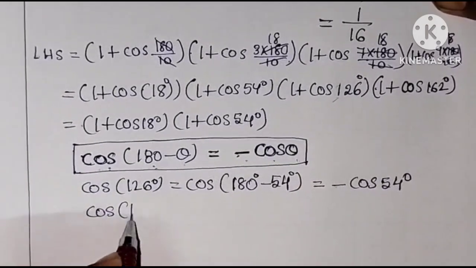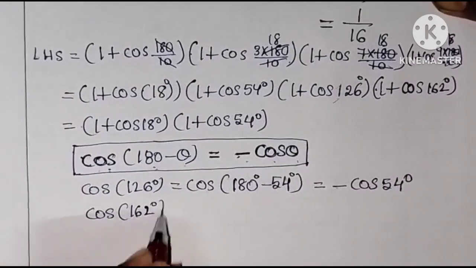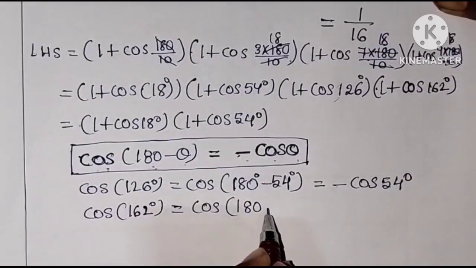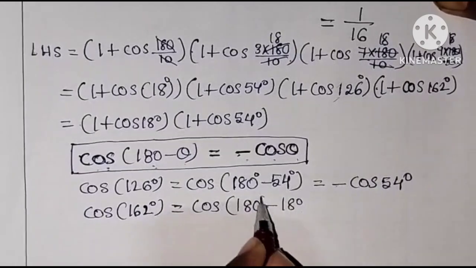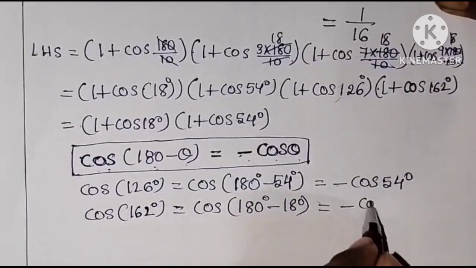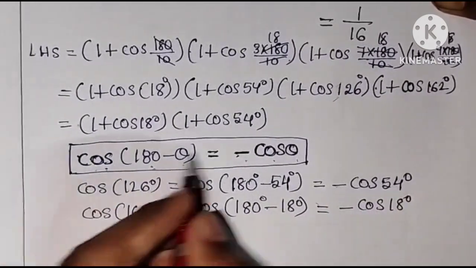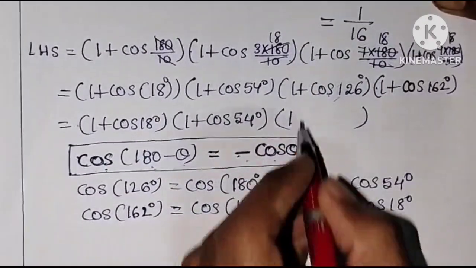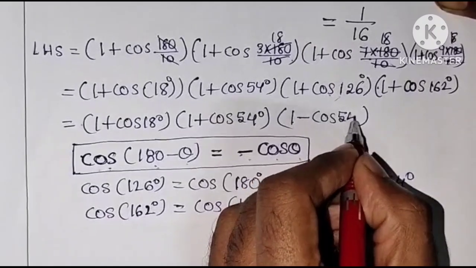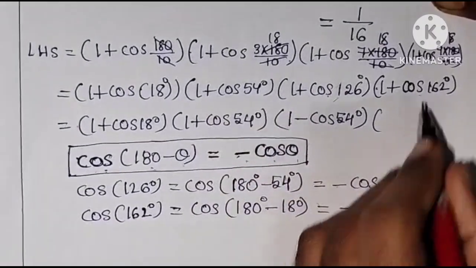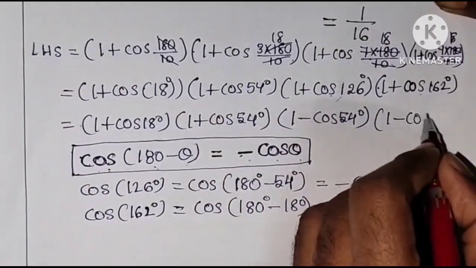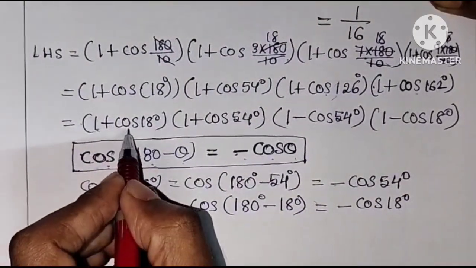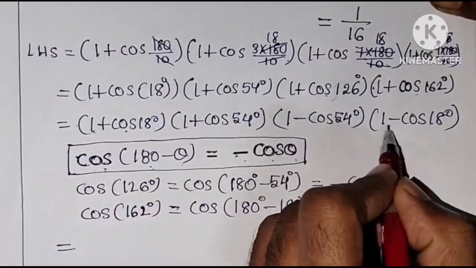Similarly, cos 162 degrees can be written as cos 180 minus 18 degrees, which equals minus cos 18 degrees. Now here we can write 1 plus cos 126 as 1 minus cos 54 degrees, and 1 plus cos 162 as 1 minus cos 18 degrees.